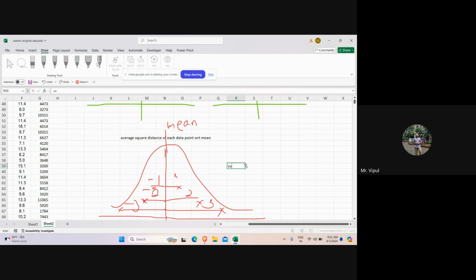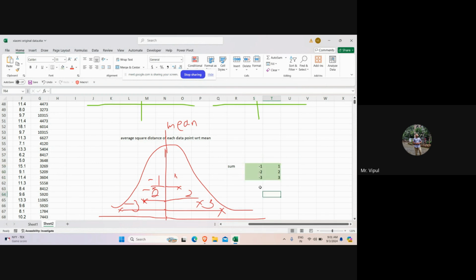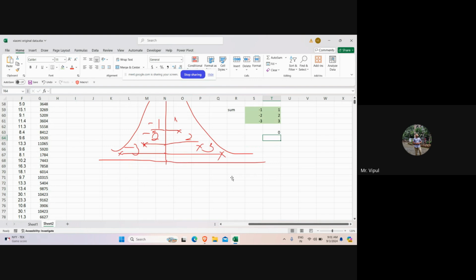Now if you calculate the sum of the distances: -1, then 1, -2, 2, -3, 3. Can you see this? If you add this, it will be 0, right? Yes. So negative and positive can cancel each other. That is the reason we have to take the square of the distance, so that negative and positive will not cancel each other.